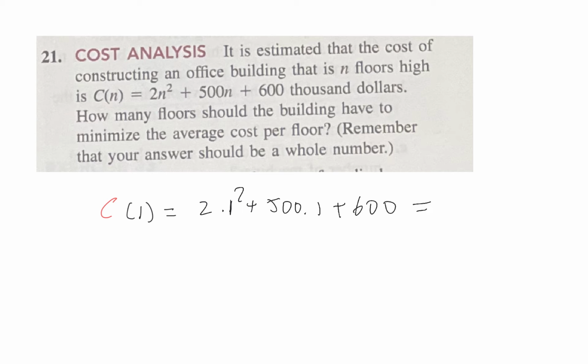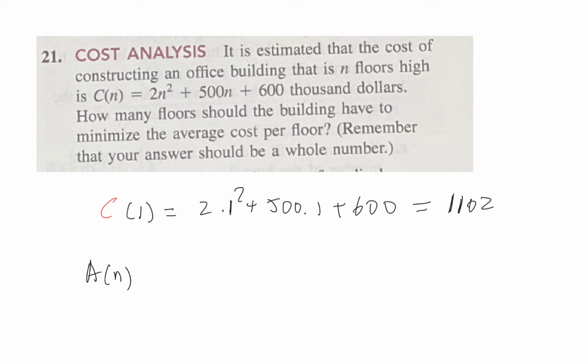So the cost will be 502 plus 600, which is $1,102. So the question is, how many floors should the building have to minimize the average cost per floor?